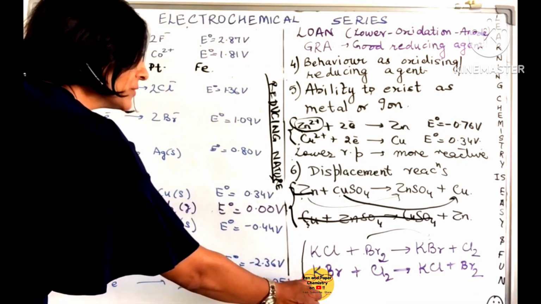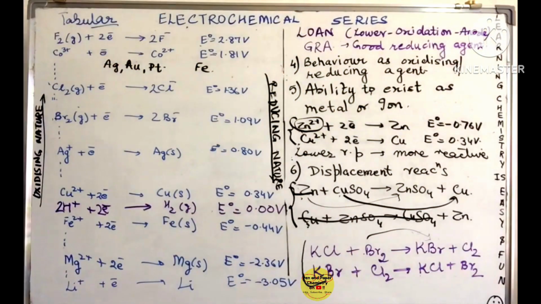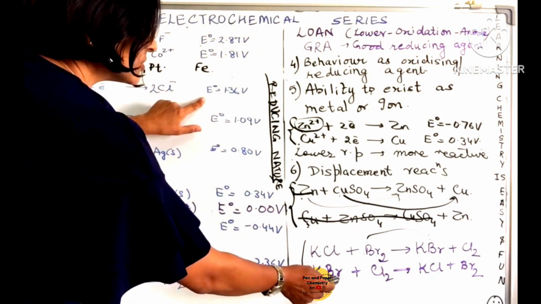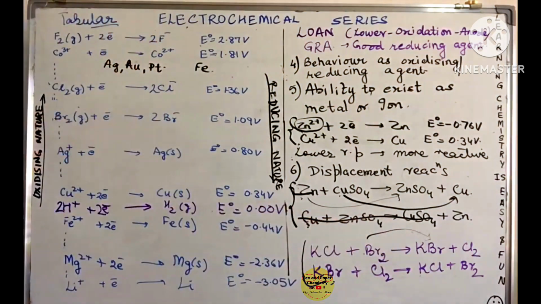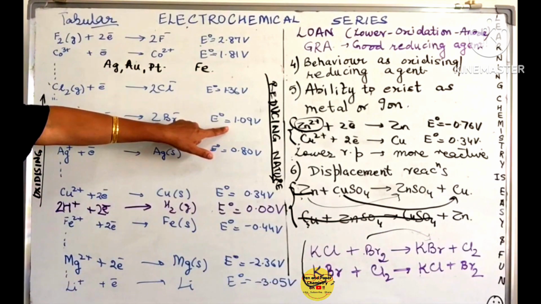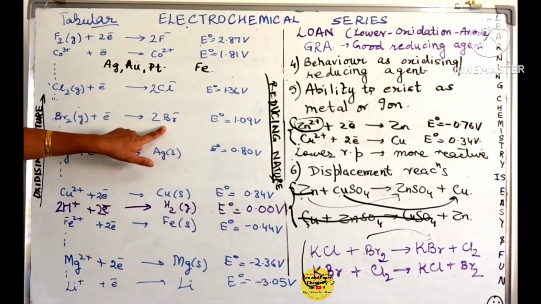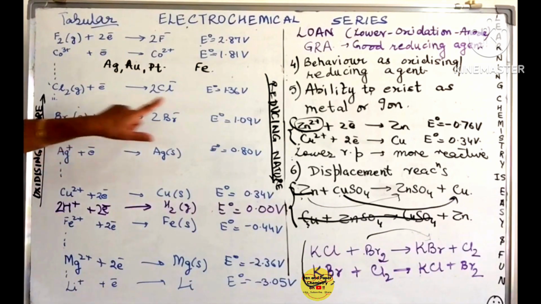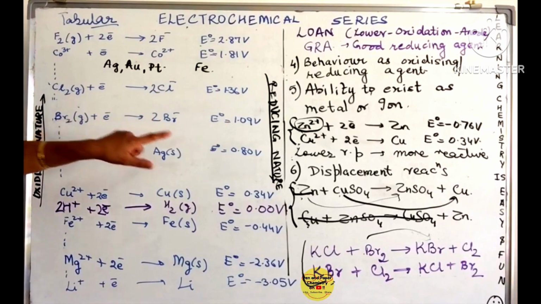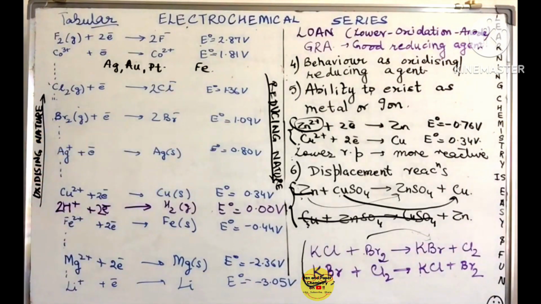It is the second one which will take place, because Cl changing to Cl minus is 1.36, and Br negative changing to Br2, I'm talking about oxidation over here, so it will become minus 1.09.